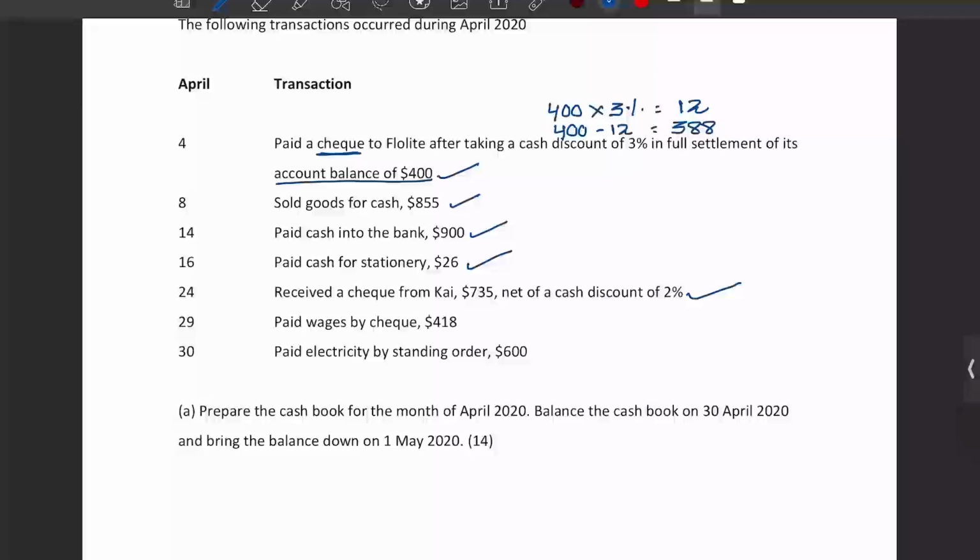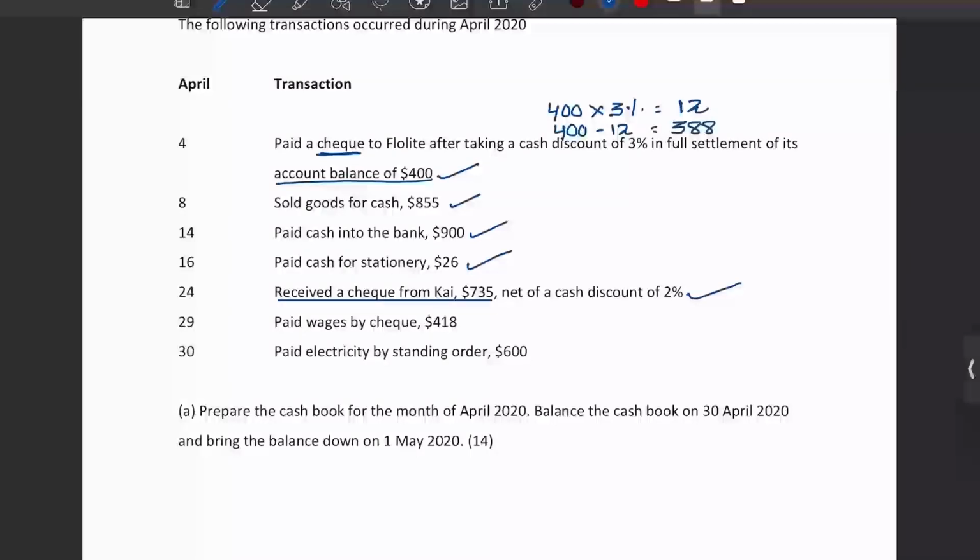This is the learning point. They are telling you received the check for 735. No, that is the money that you got. If they give you the money that you have got, and they have also told you net of cash discount, which is after the discount, always remember the money that you get is after the discount.